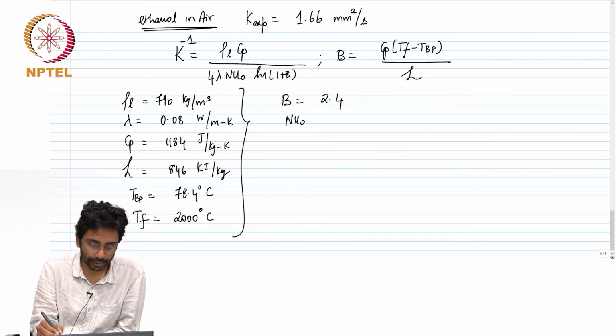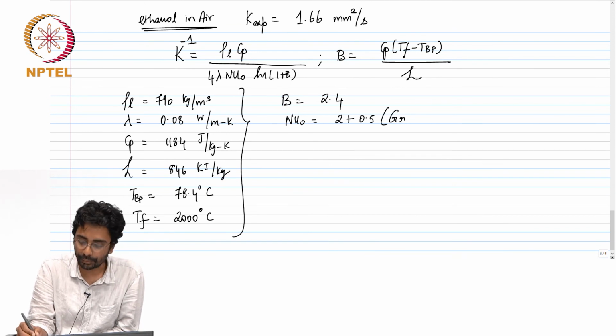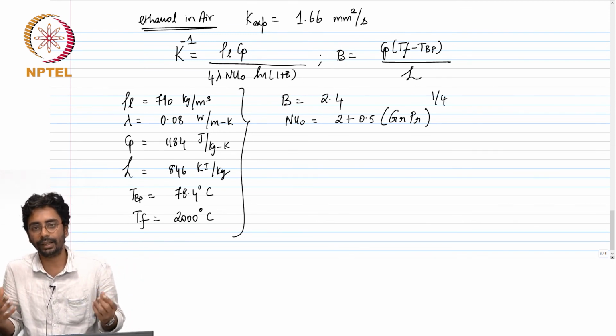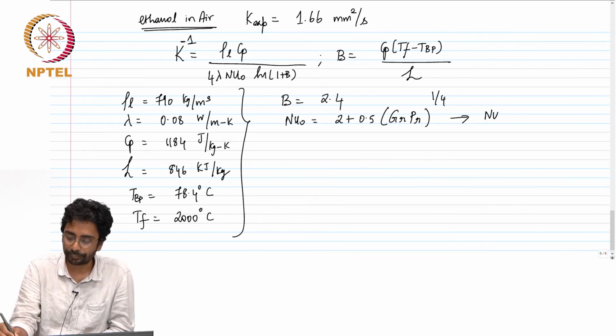The Nusselt number is 2 plus 0.5 Grashof number, Prandtl number, power 1 by 4, a correlation which is very commonly used. I am using Grashof number because this is ethanol burning in air under free convective conditions. This will give you an Nu 0 of 5.5.